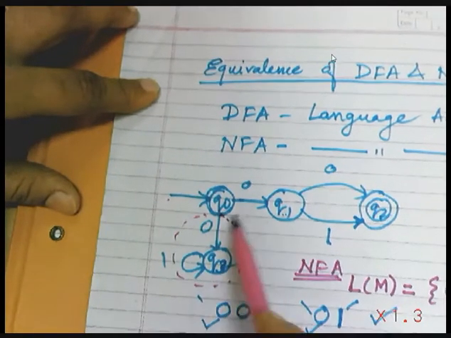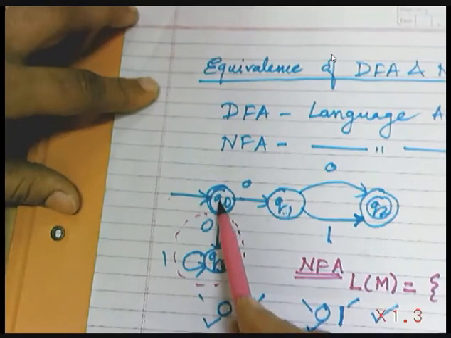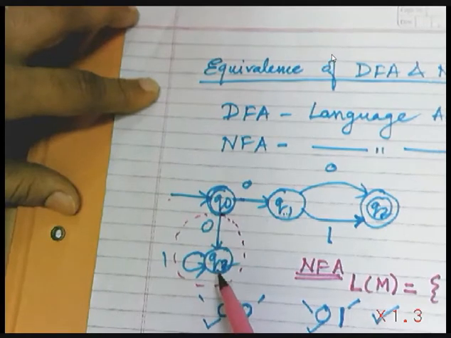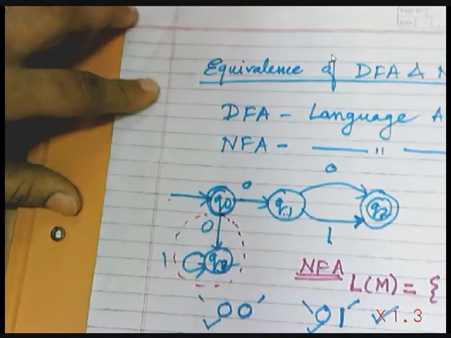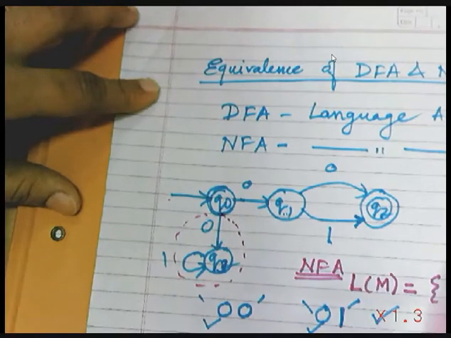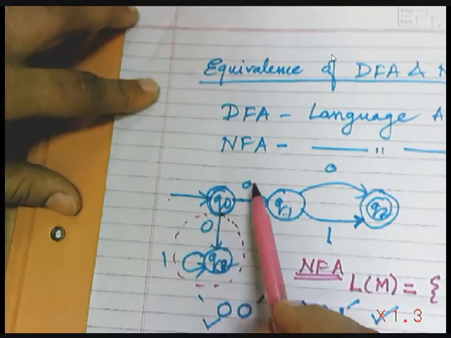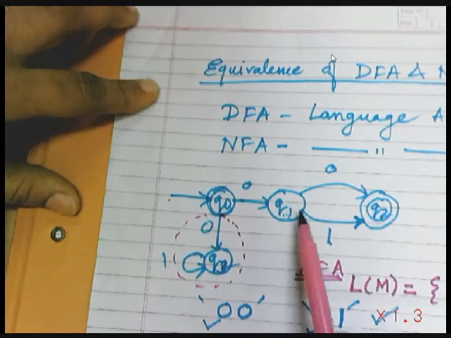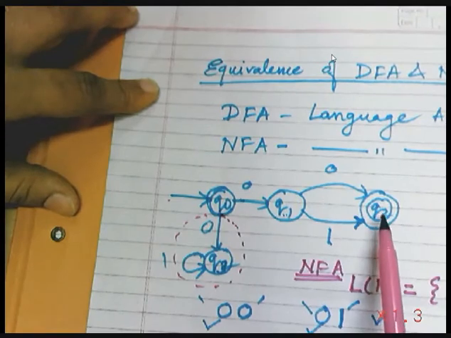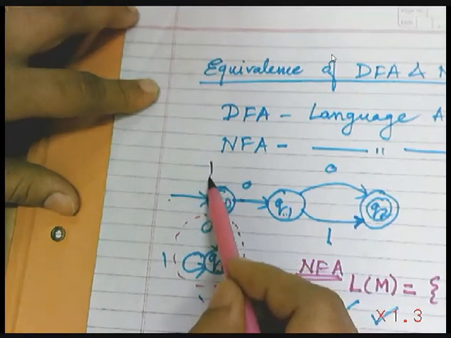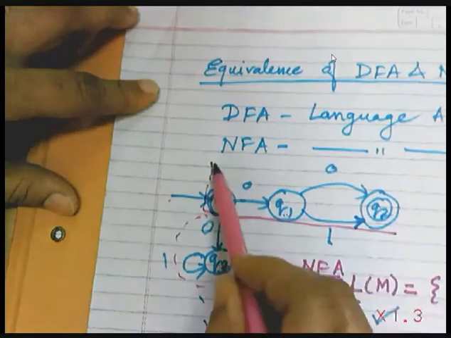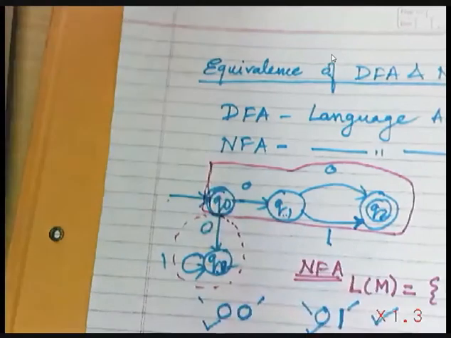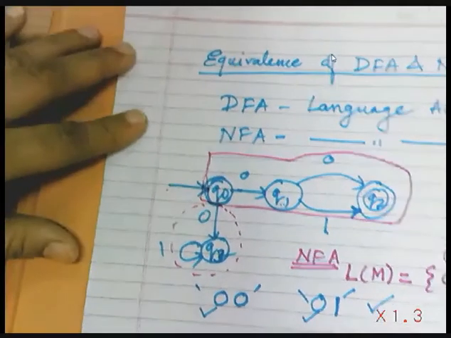So if you by mistake move from Q0 with a 0 through this path, you will be stuck, trapped. But if you move from Q0 with 0 along the other path, you reach the final state. So only this part of the NFA is useful to accept some language. I hope this is clear.